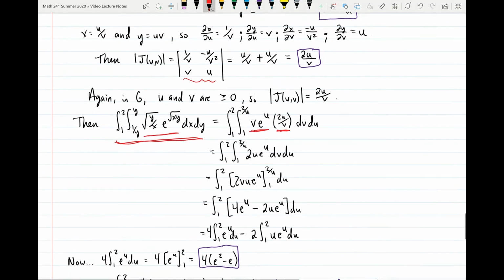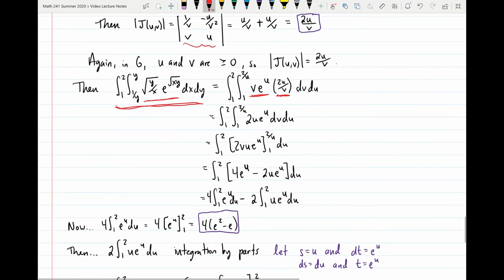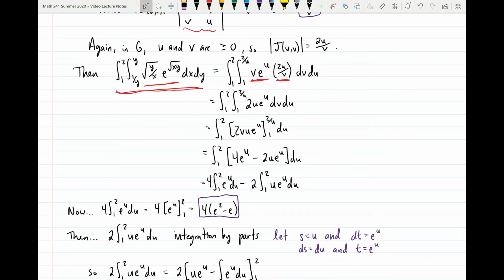And so finally, now it just comes down to calculating this new integral with respect to the variables u and v. So first we start off with the inner integral, and we get this 2 times v times u times e to the u from 1 to 2 divided by u.